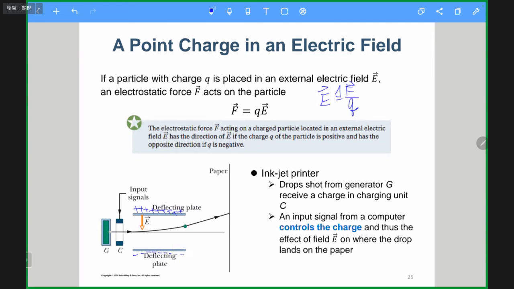We can consider the E field between the parallel plates to be uniform, and of course pointing downward, because the electric field line starts from the positive charge and ends at the negative charge.